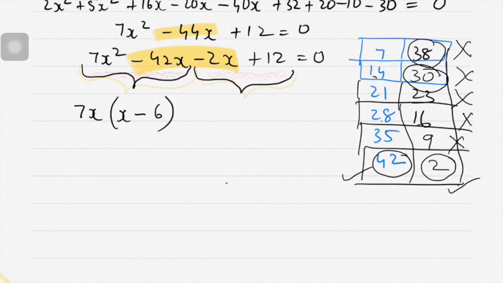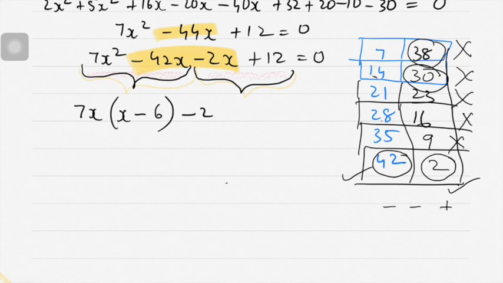Now from the second part, minus 2x plus 12, I will take minus 2 out. Minus 2 is common. From 12 we are taking 2 out, and from plus we are taking minus out.